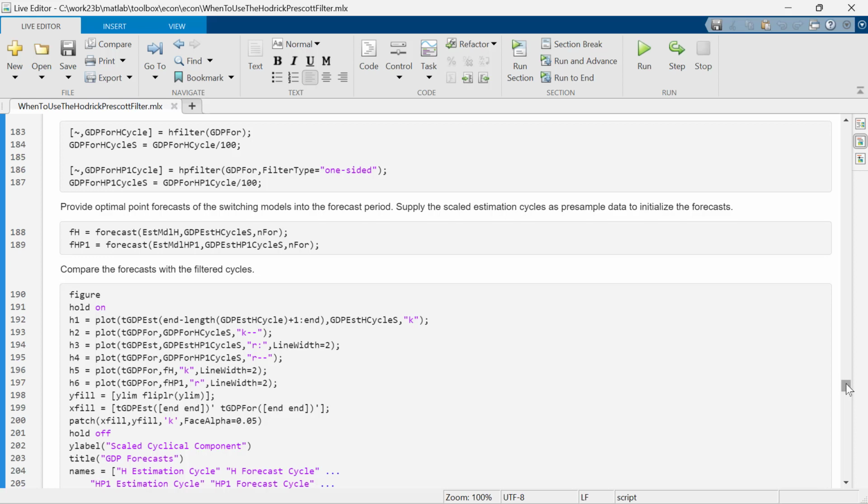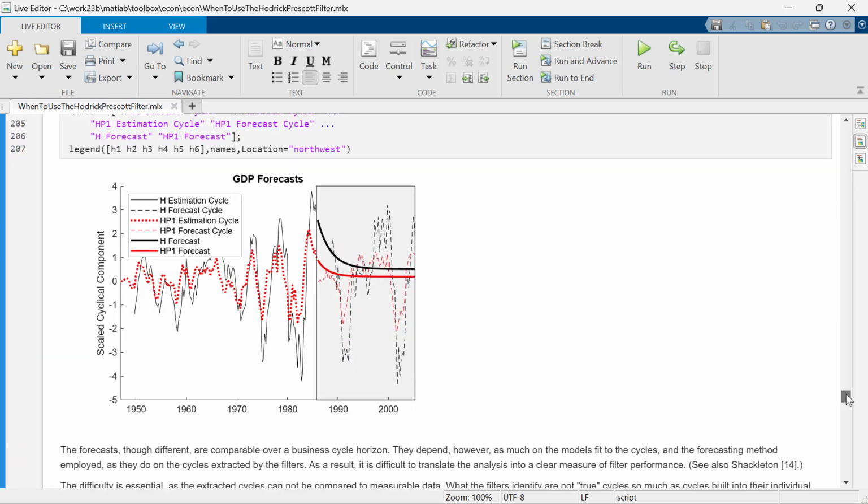They're both claiming to be good at that. And so the black data here is the Hamilton cycle, both in the estimation period and the forecast period. The red dotted data is the one-sided Hodrick-Prescott cycle in the estimation period and the forecast period.